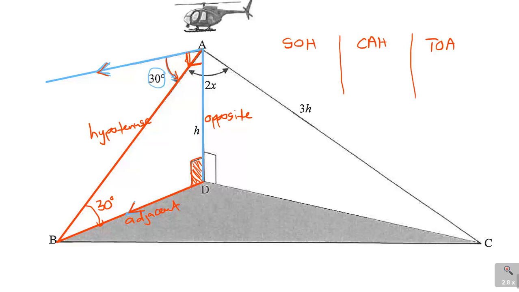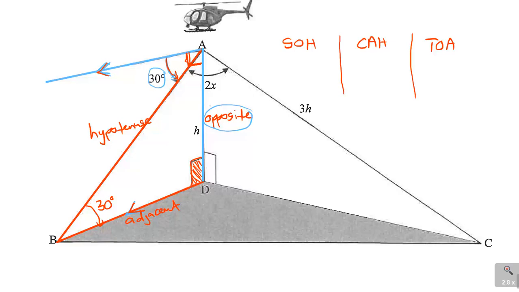For me to be able to find that distance AB, first things first is what am I given, so that I can identify whether to use SO or CA or TOA. Remember, S stands for sine in SO, O is opposite over hypotenuse, CAH, cos, is adjacent over hypotenuse, TOA, tan, is opposite over adjacent.